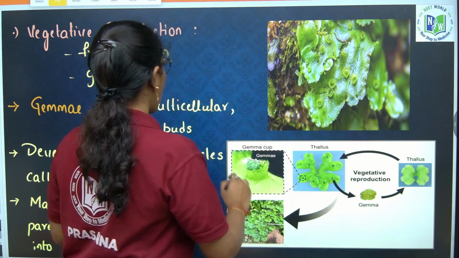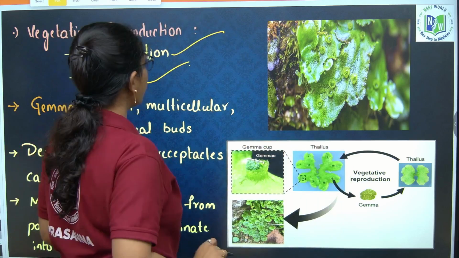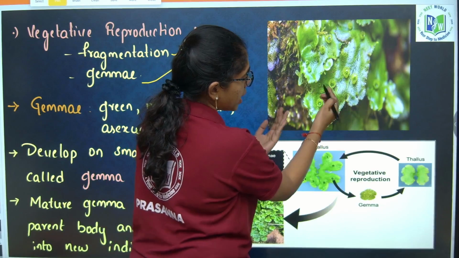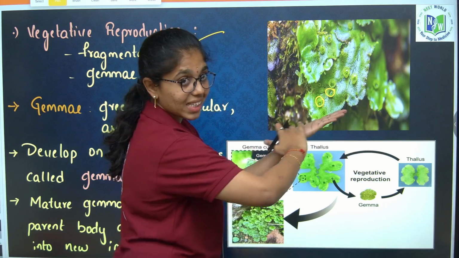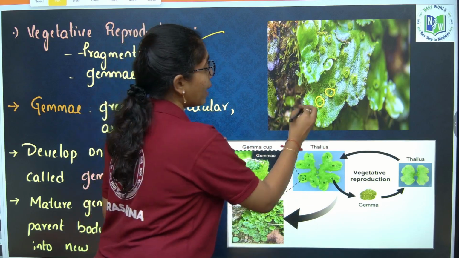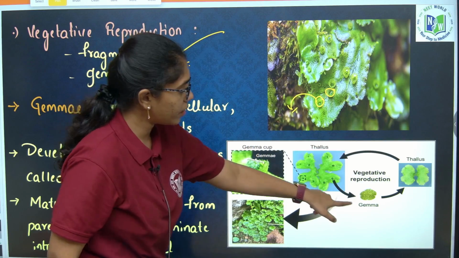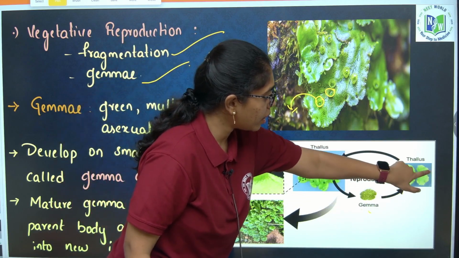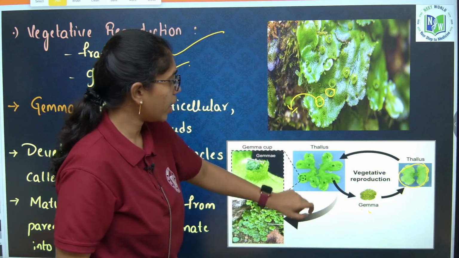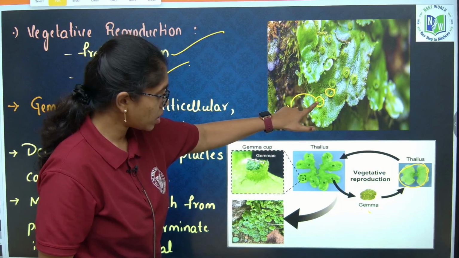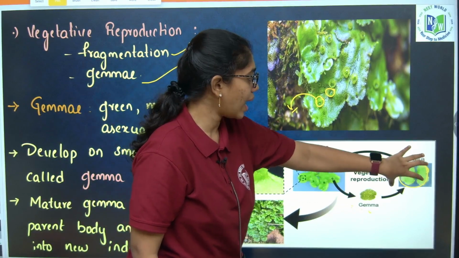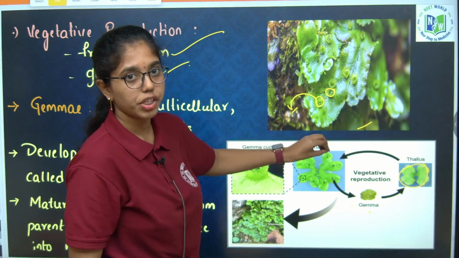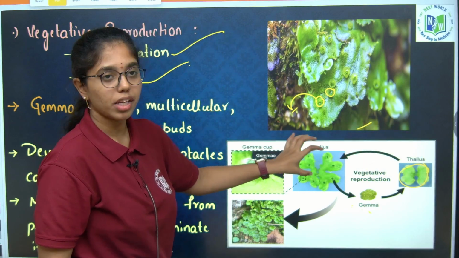What is gemma? Gemma cups are located on the dorsal side, that is the upper side of the thallus, and they will release the gemma. Gemma will develop into a new thallus, which again grows into a mature thallus.